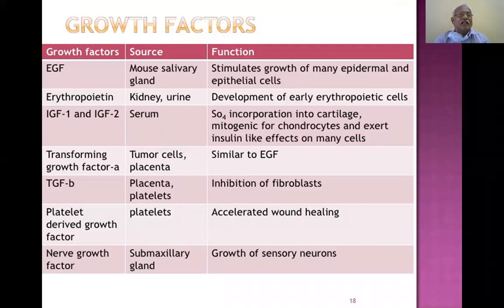The growth factors include EGF. The source is mouse salivary glands. The function is to stimulate the growth of many epidermal and epithelial cells. And then erythropoietin. The source is the kidney, and it is secreted in the urine.